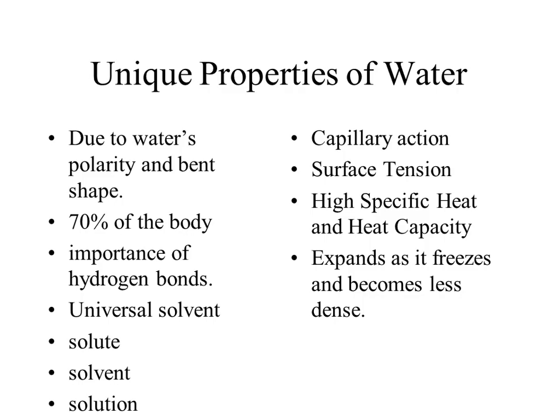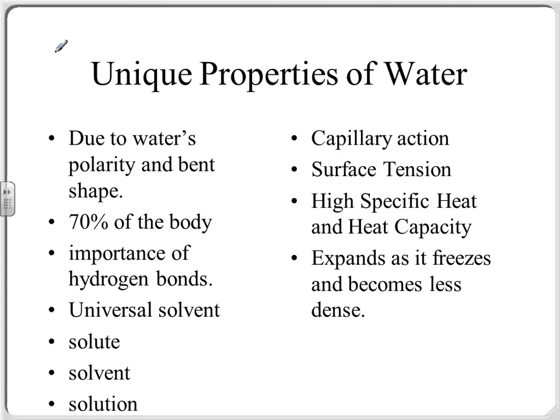Let's do this first. First thing I want you to think about with water. Water is really unique. Whenever scientists look for life, like on other planets, for example, like on Mars, the first thing they look for is water. Water is held together, the molecule, by covalent bonds between oxygen and hydrogen, right?